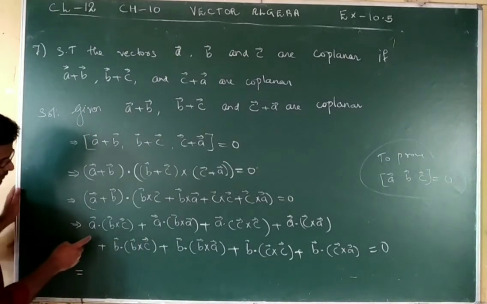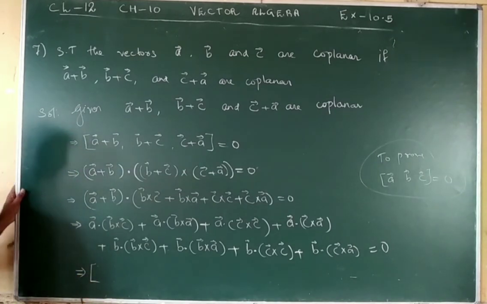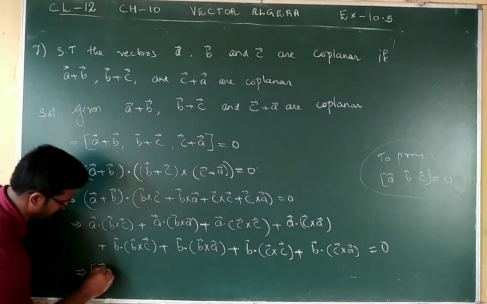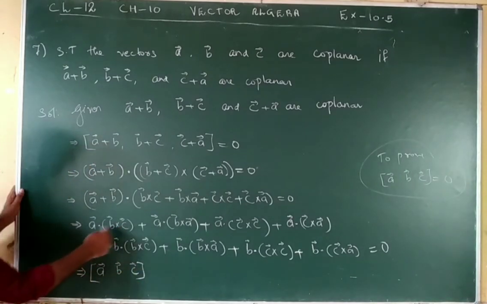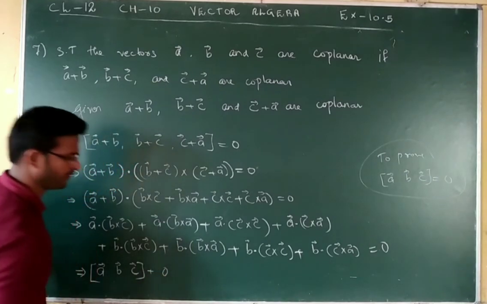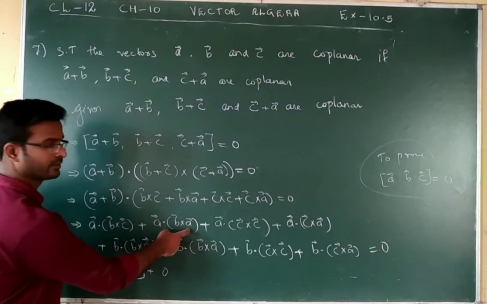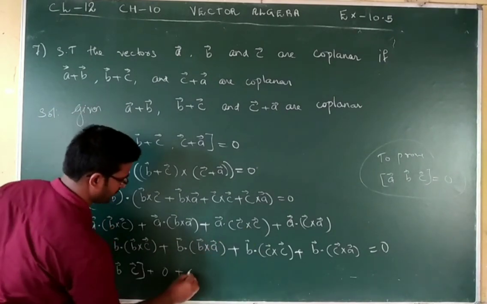Now, if you write this in triple product form, A vector, B vector, C vector. First part, what will you get in here? You will get answer 0. What is the reason? A is repeated twice, isn't it? In here also we will get 0, C C repeated.